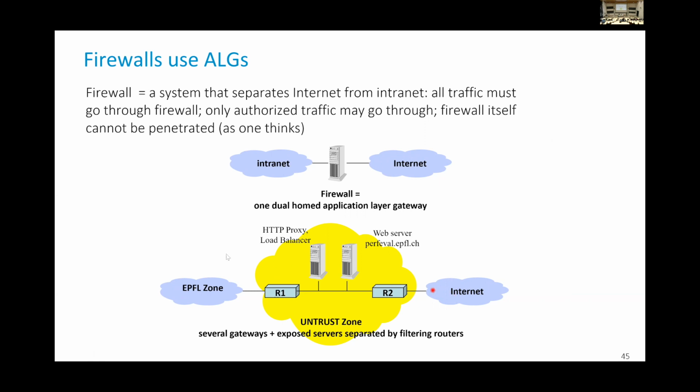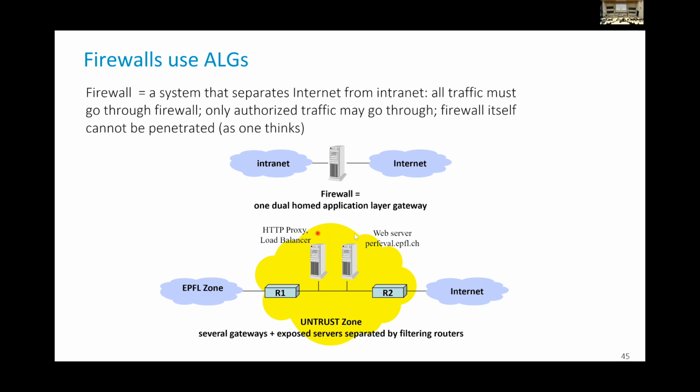And the EPFL zone is the zone that contains the servers that you don't want to expose to the outside. For example, the servers that do the accounting, the SAP servers for transferring funds between accounts and so on. You can access them only if you are inside EPFL or if you access EPFL via the VPN. But of course, the web server, if somebody publishes something on the internet, you want this to be accessible to everyone, not just those who are on the VPN.